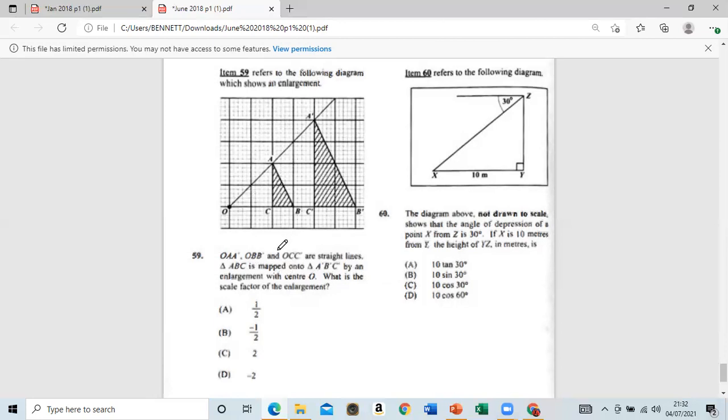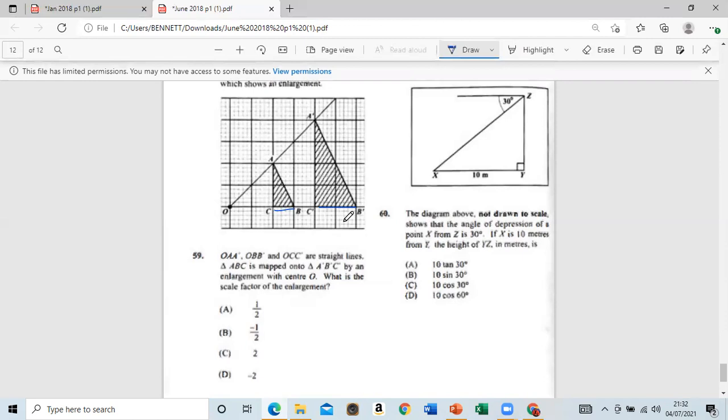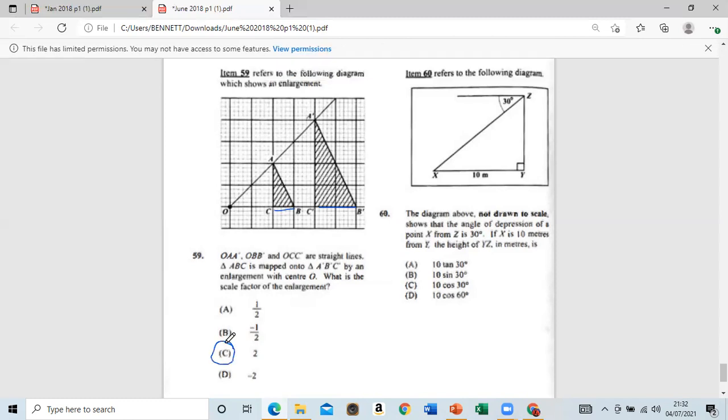Alright, so you have to know that. Guys, be careful. Sometimes they will give it from big to small, so we know it's going to be a half. But this is an enlargement of 2. So look, bam, this is a 1, this is a 2, this is a 2, this is a 4. We don't need more. So it's an enlargement of scale factor 2.